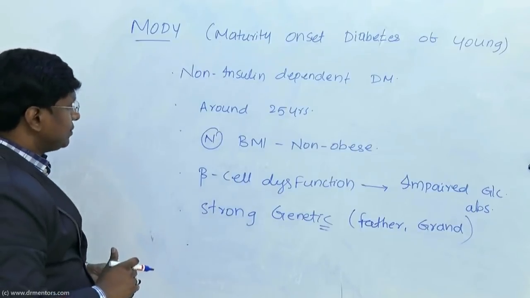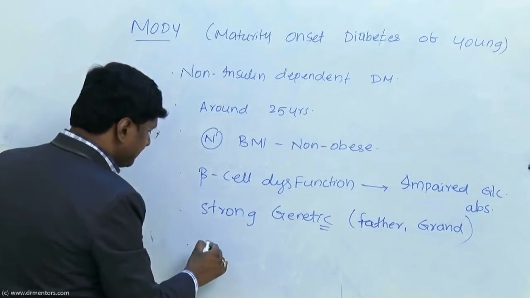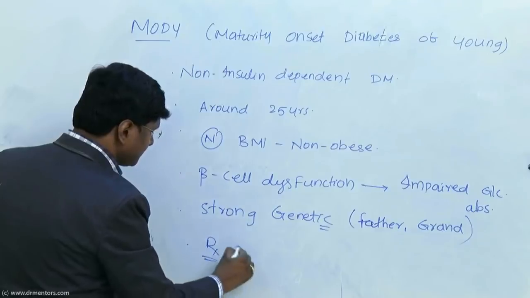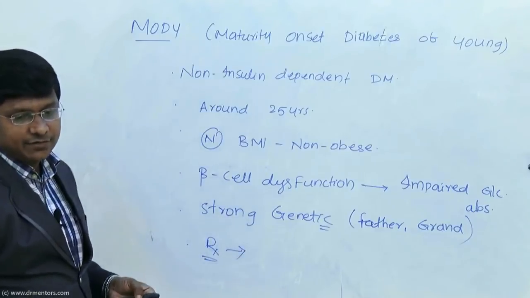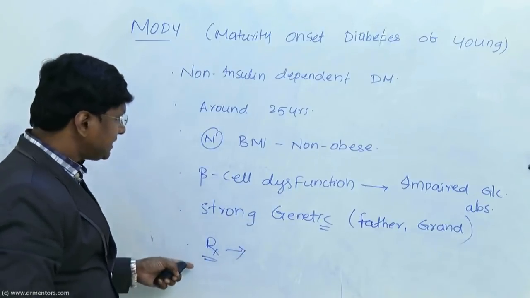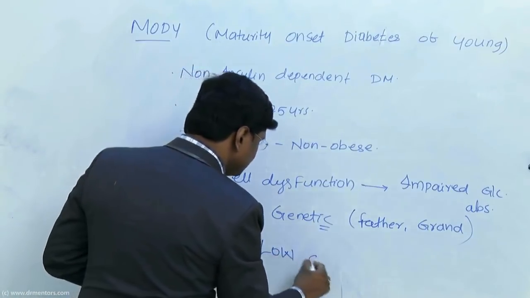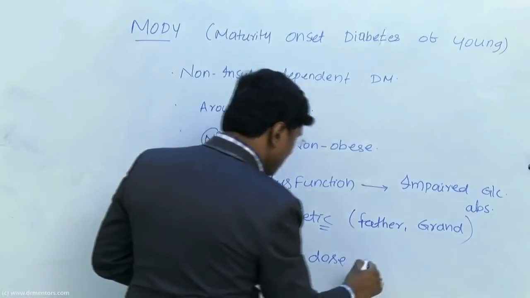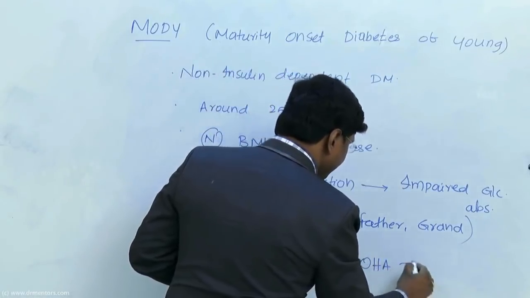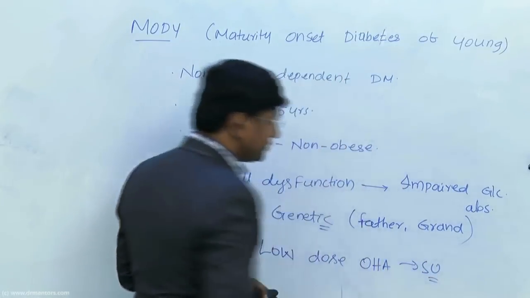Alright, now if you see the treatment of these individuals, you have to give a low dose oral hypoglycemic agent, and very particularly what we give is sulfonylureas.